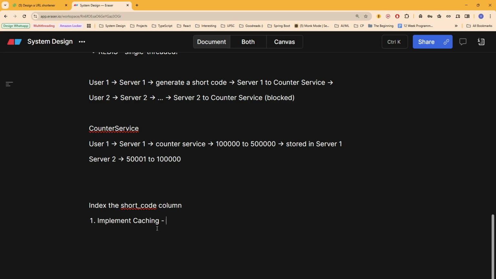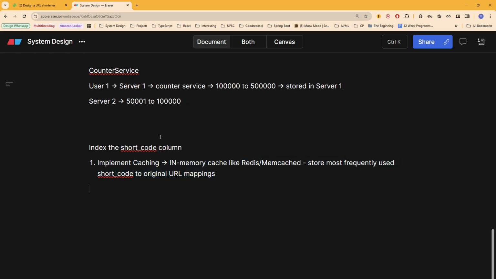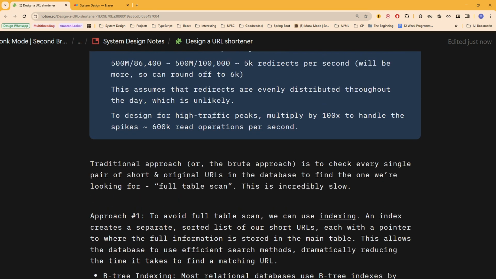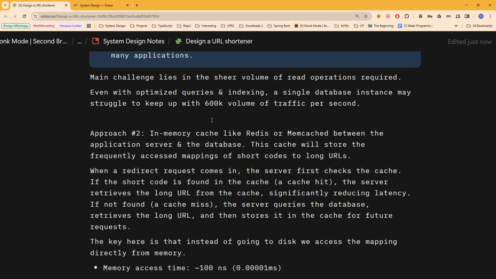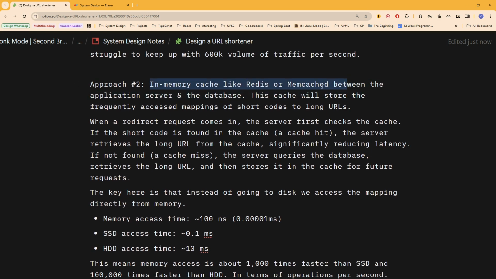We can have an in-memory cache like Redis or memcached, which will store the most frequently used short code to original URL mappings. So we can implement caching to maintain scalability and low latency.